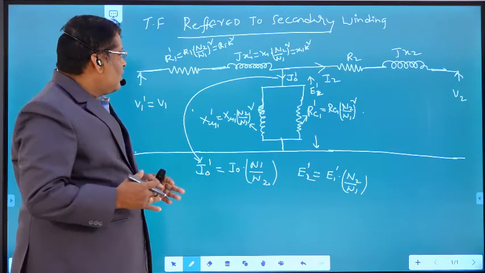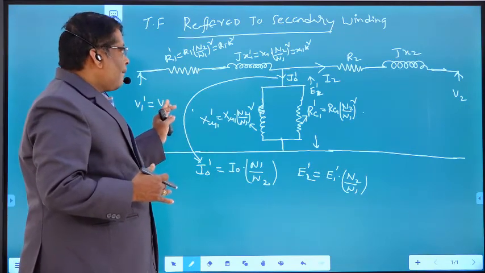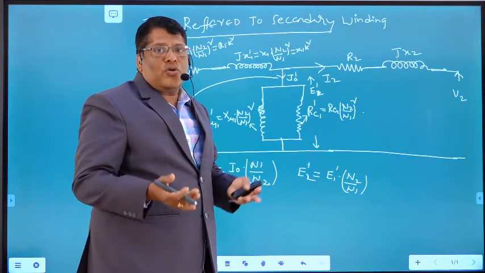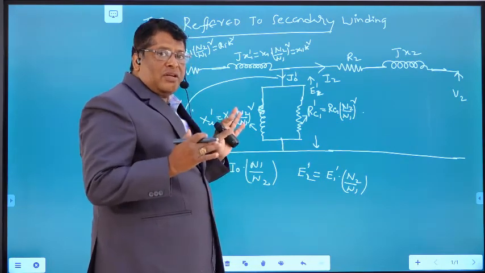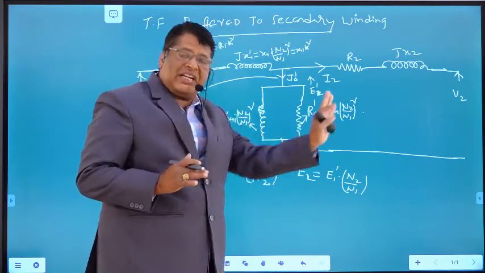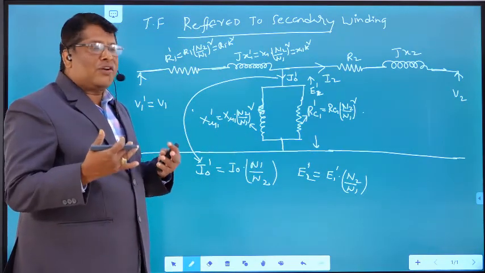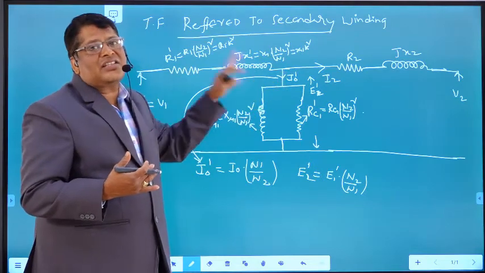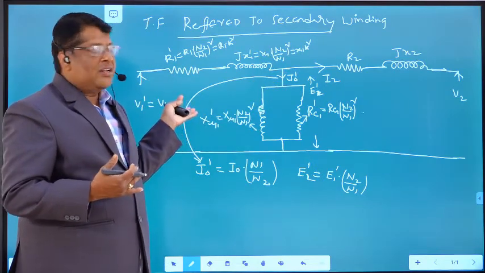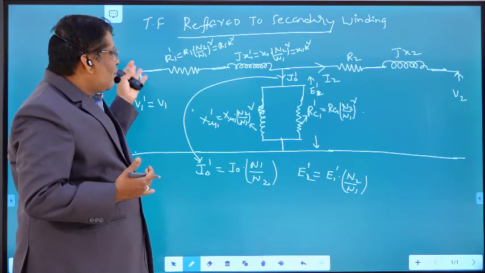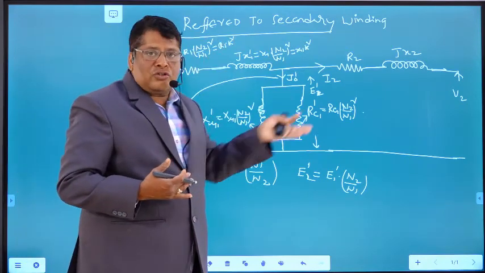In the same manner, we are transferring the primary elements to the secondary. In problems they are going to ask how to find the equivalent circuit with respect to the secondary, so we should know how to transfer all the elements to the primary as well as the secondary. Now here we have taken the equivalent circuit of the transformer with respect to the secondary also.